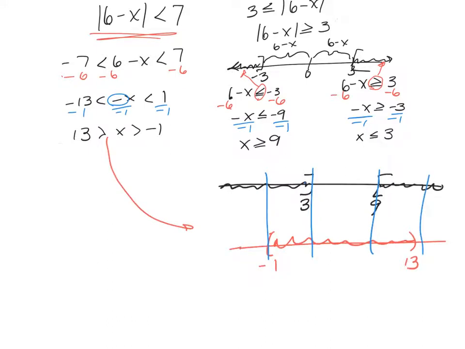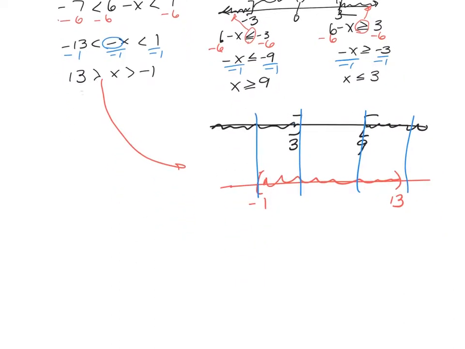Because it is a compound inequality, it is an and statement, it is an intersection. So the final answer then is from negative 1 to 3 inclusive, and then I pick up again at 9 and end at 13 non-inclusive. So that's the final answer of that one.